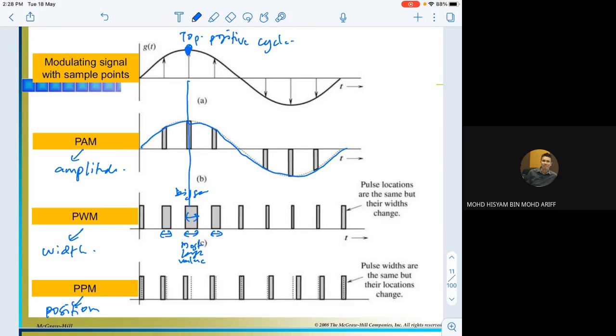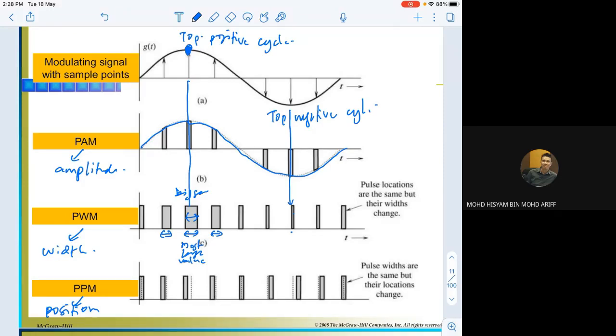Then how about the most top negative cycle? The negative cycle you can see becomes thin. See the difference between the top positive cycle and the top negative cycle. You can see the difference. This is pulse width modulation.